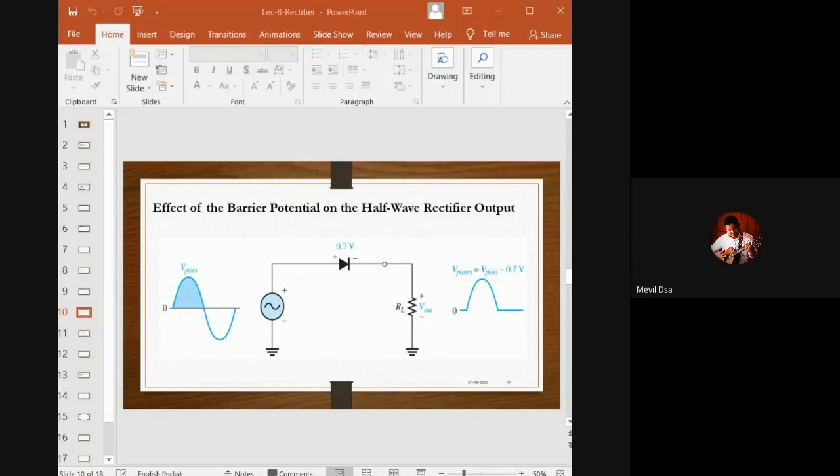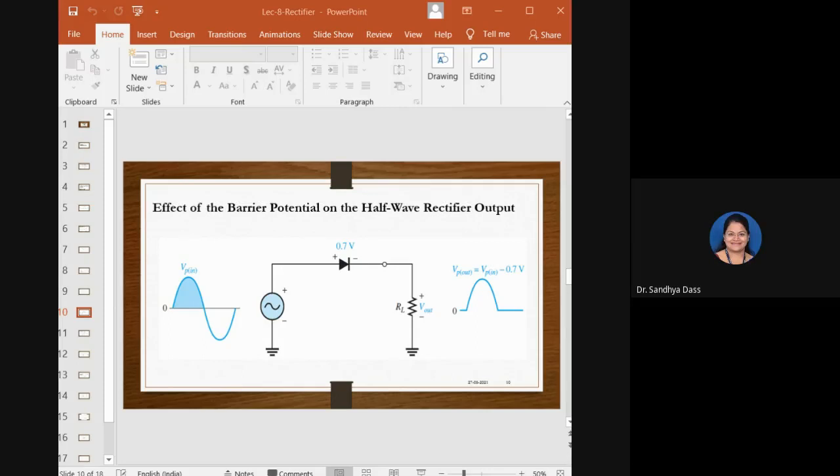So it absorbs 0.7 volts, it takes that 0.7 volt and the remaining voltage is supplied to RL. Yes, you are 90% correct, but the word you used, absorbs, is wrong. It will resist, ma'am. It will resist, Avin. What do you mean by it? Resist means what? It will act as a resistance for the 0.7 volts. It won't conduct 0.7 volts. Won't conduct, correct. It won't conduct.